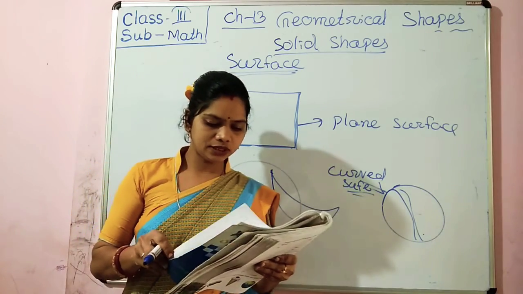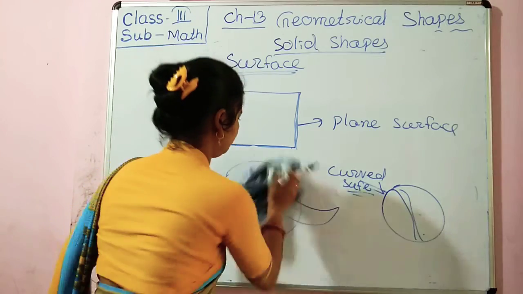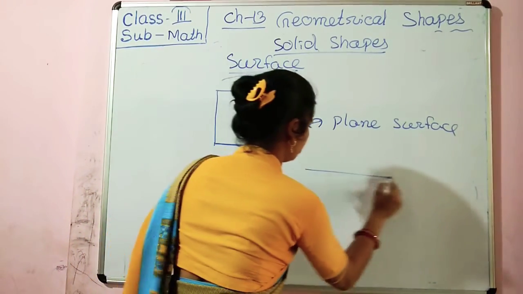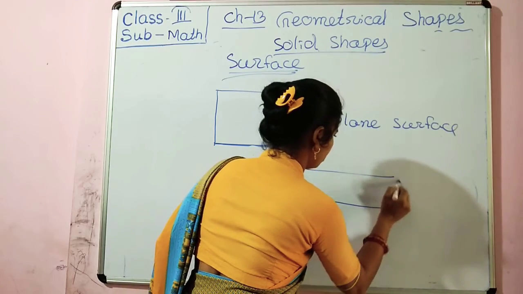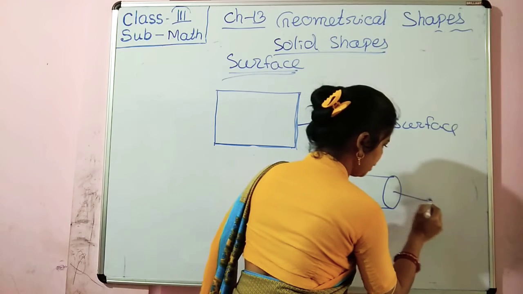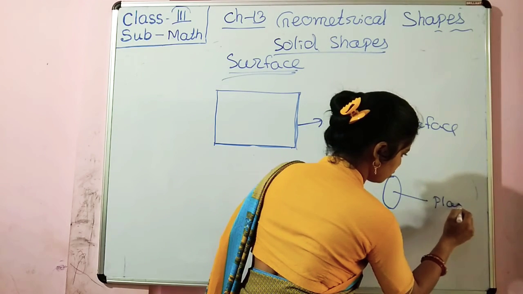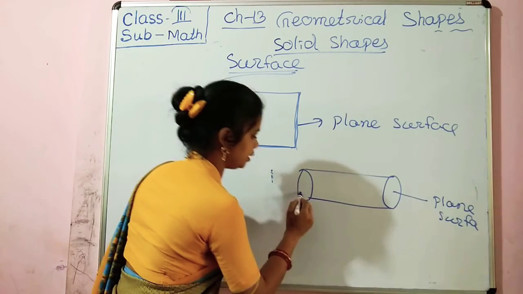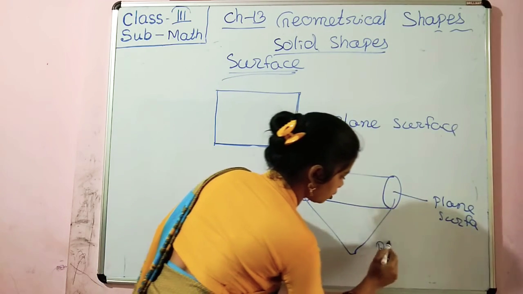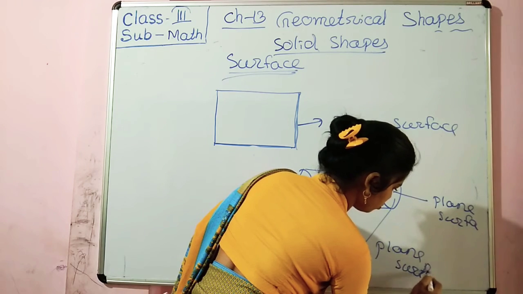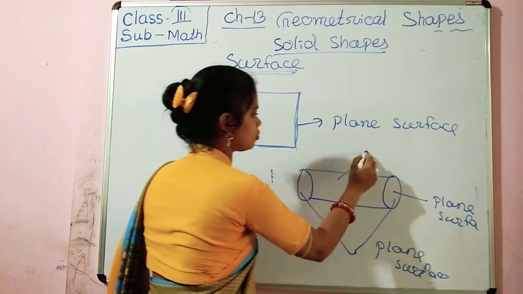Look, suppose the cylinder, and a log. Look, these two sides are the plane surface, and this is the curved surface.